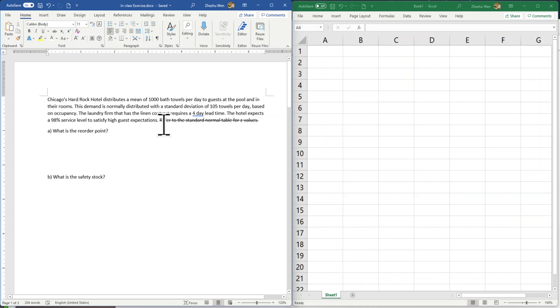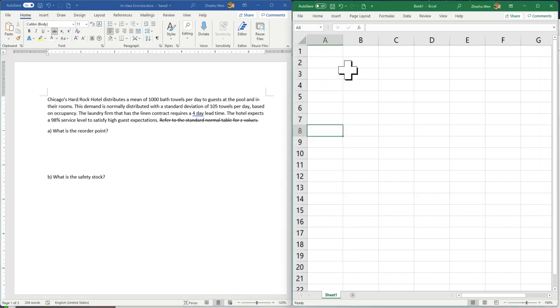So the hotel expects a 98% service level to satisfy high guest expectations. The mean and the standard deviation are provided on a per day basis, but your lead time is 4 days. I think this is an area where you need a little bit of help.